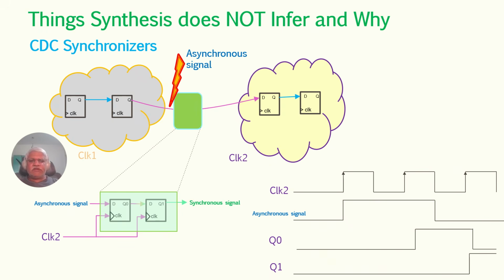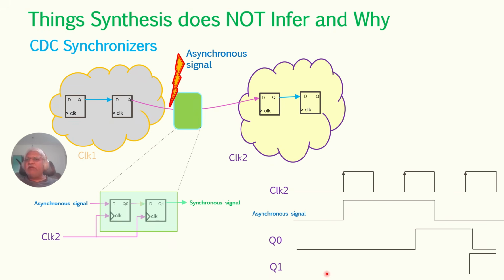Now we will consider another situation, wherein the asynchronous signal is coming very close to the destination clock edge. That means it is so difficult. It is just like an activity coming when the householder is about to eat lunch. Then it so happens that it will miss it and will not be able to capture.